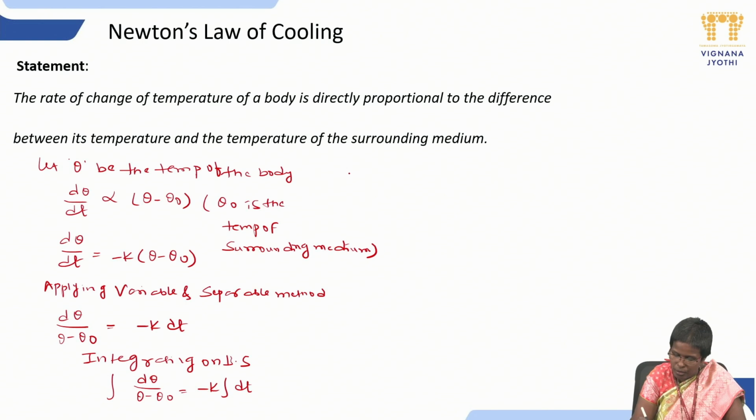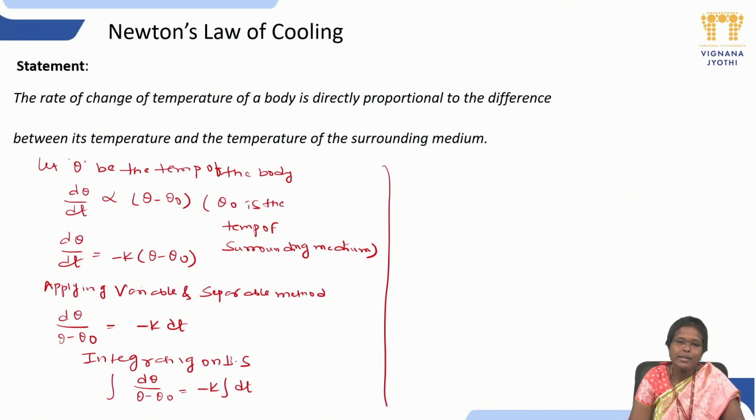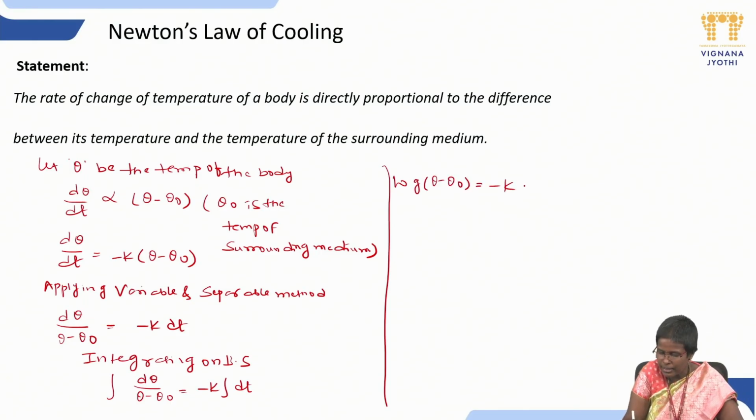Now, what do we have to do? For d theta by (theta minus theta naught), we know very well that the integration of 1 by x dx is log x. So we can write log of (theta minus theta naught) equals minus kt plus c, some constant.